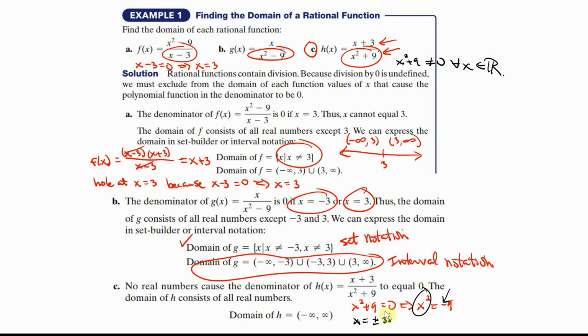We get x values in the complex set, namely x equal to minus 3i and x equal to positive 3i. But that's imaginary. They're not real. So here, our domain for part C would be all real numbers, everything going from negative infinity to positive infinity.